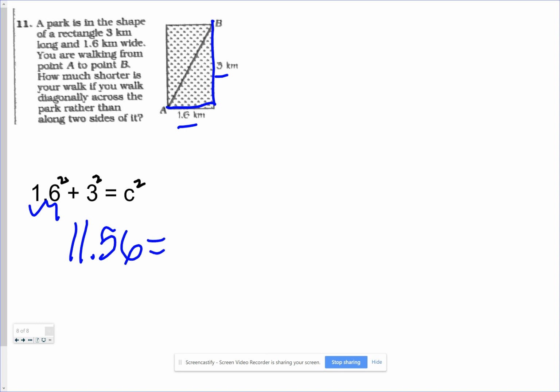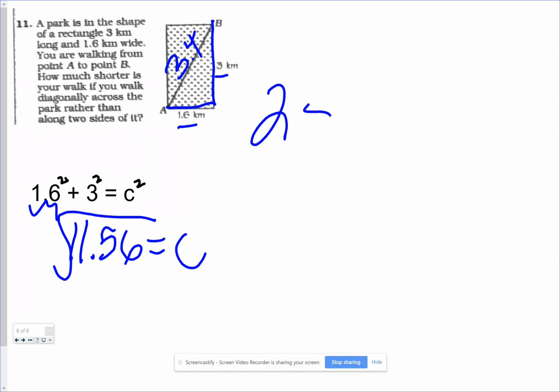To figure out what C is, we have to take the square root of this. And it should be a little bit more than 3. When you go ahead and crank this out on your calculator, you should get that C, the hypotenuse side, is around 3.4 kilometers. Now, that's not what it's asking. No, it says, how much shorter is your walk if you walk diagonally across the park rather than along 2 sides?